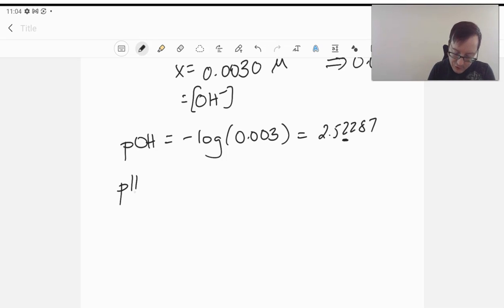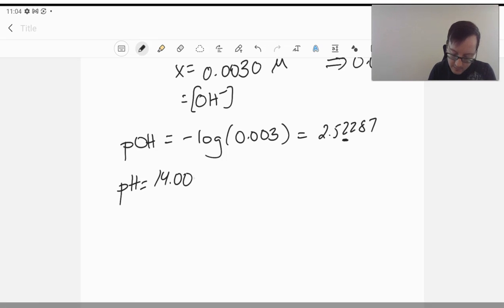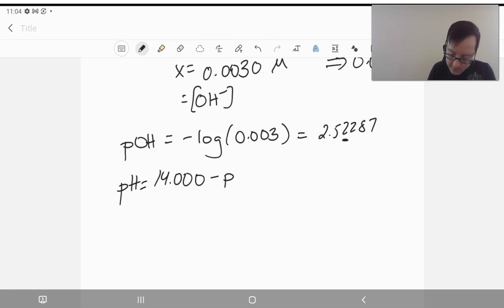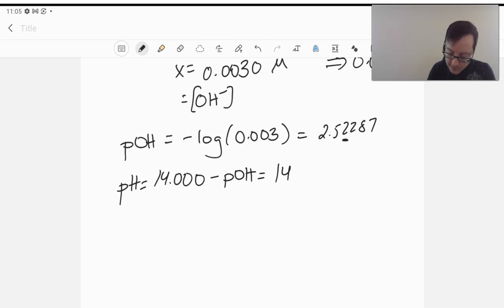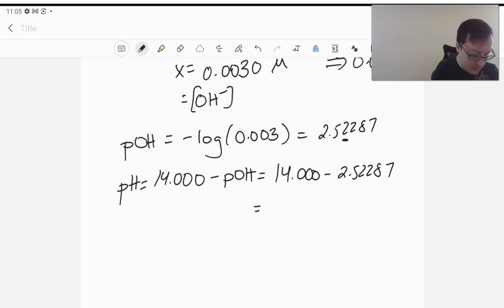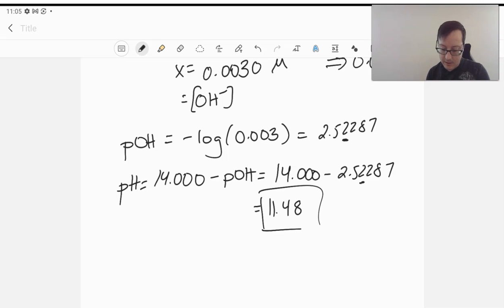Remember that pH is 14 with 3 sig figs minus pOH. 14 minus 2.52287, which is equal to 14 minus our answer is going to be 11.47. Actually, we'll make it 11.48. We have to round. All right, so with our 2 sig figs, we're going to have our pH here.